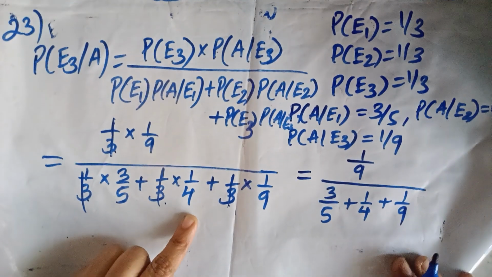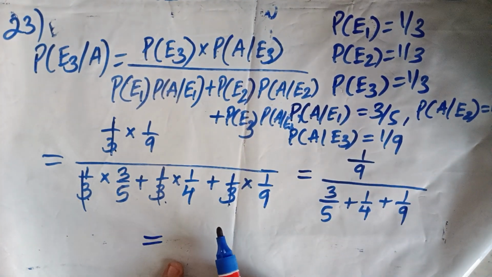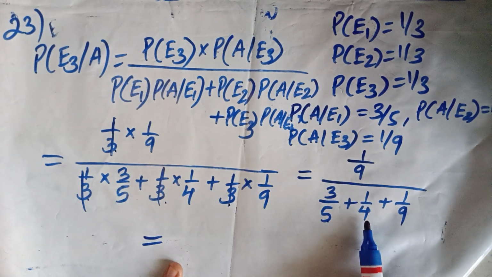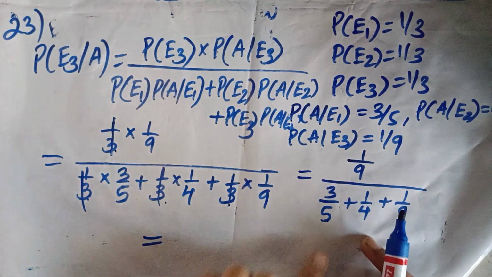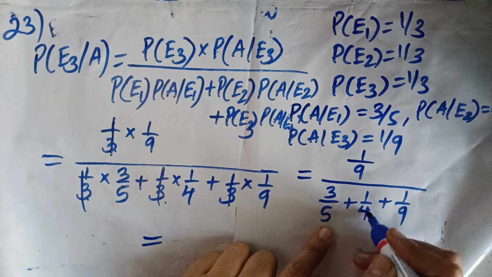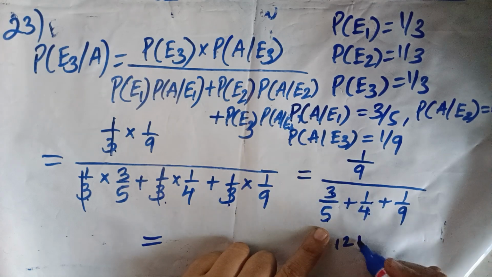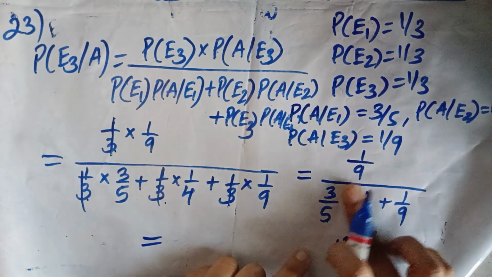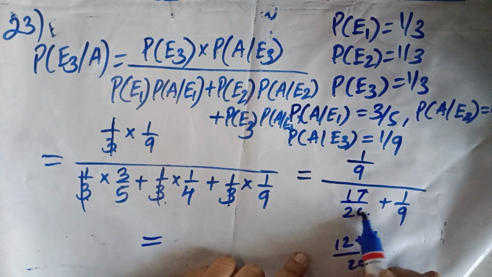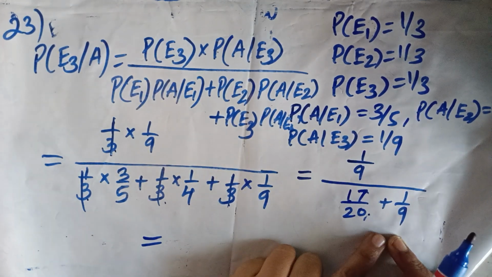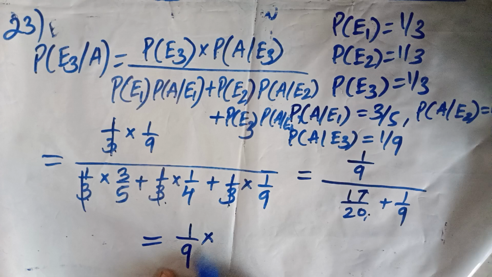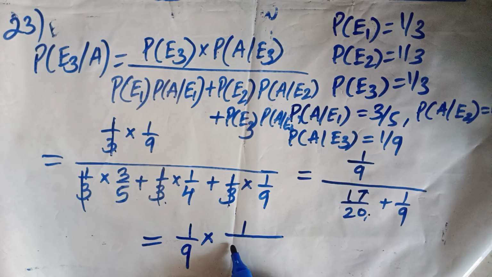Now you have to do the cross multiplication. 3 fours are 12 plus 5 upon 20, so this is 17 by 20. Then again cross multiplying, you will get 17 into 9.